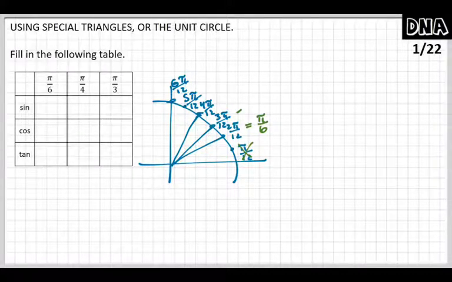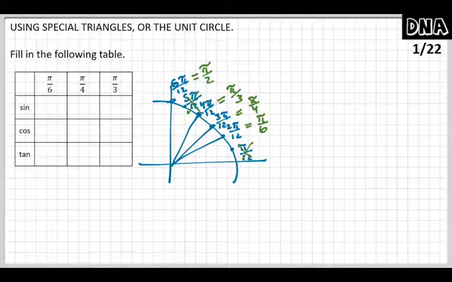And then the next one, when we simplify it, would be pi over 4. And then this one, when we simplify it, is pi over 3. We don't care about that one. And then this one right here, this quadrantal angle, would be pi over 2, because you divide the top and bottom by 6. Let's not forget our friend 0 radians.